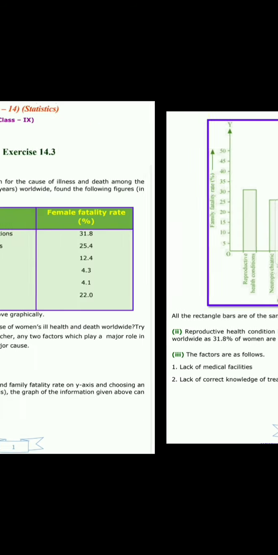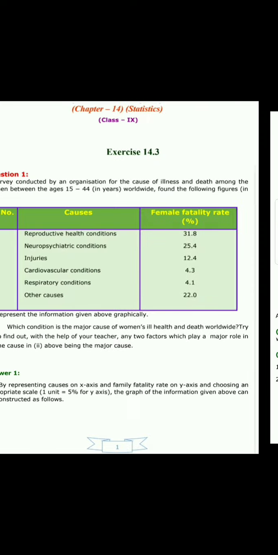Injuries are 12.4%. You can see it in the graph, and cardiovascular conditions are 4.3%. Next, respiratory conditions are 4.1%, which is smaller than cardiovascular, and the other causes are 22%.